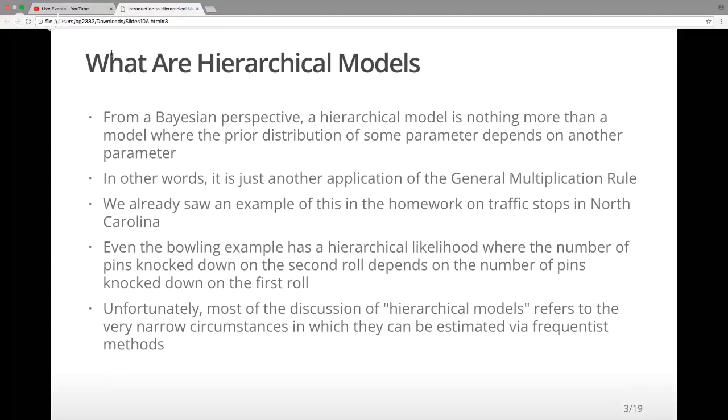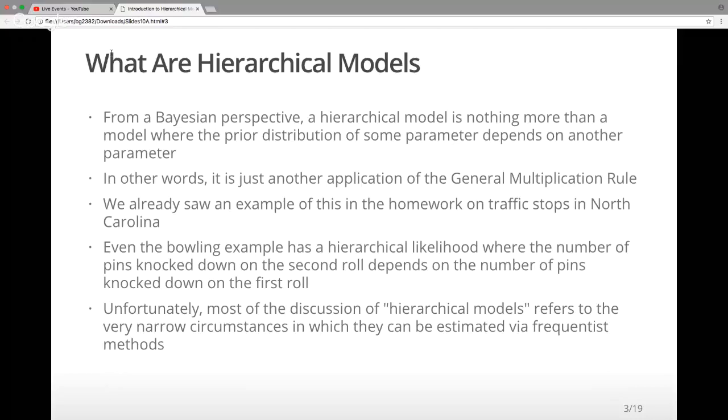But even the bowling example had this hierarchical flavor to it. You could think of this as hierarchical likelihood if we actually had any bowling data, where the number of pins knocked down on the second roll of a frame of bowling depends on the number of pins knocked down on the first roll of a frame of bowling.